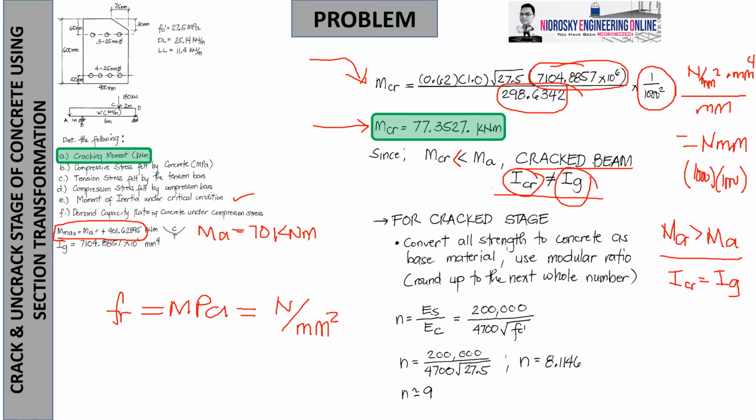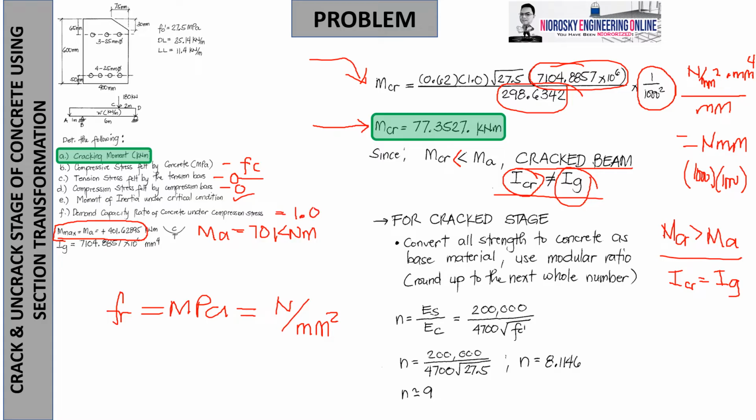Now, if it really turned out to be uncracked, what are the possible answers to the other questions? Most likely, the compressive stress felt by the concrete is the same, FC. The tension stress felt by the tension bars is 0, and the compression bar is 0. The demand capacity ratio under compression stress is 1.0.